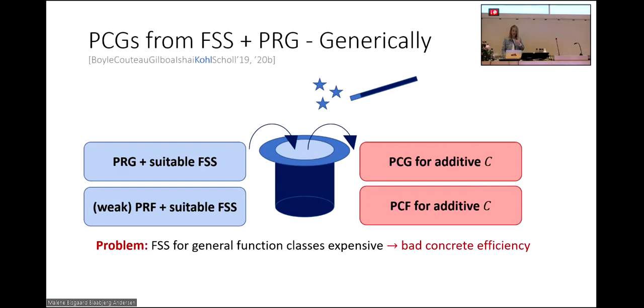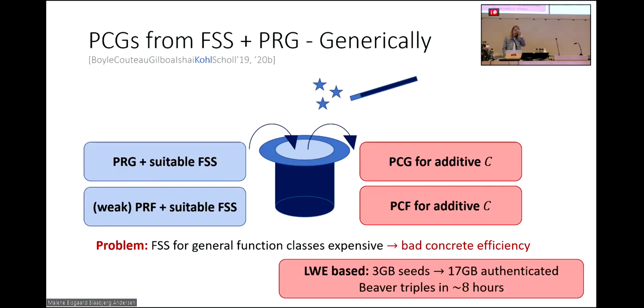And now the problem with this is, so this is great, we know how to construct PCGs, but this will be expensive, and the goal of this work is to get something that you just run and it's very fast, and this has bad concrete efficiency. So I just looked this up in an old paper.